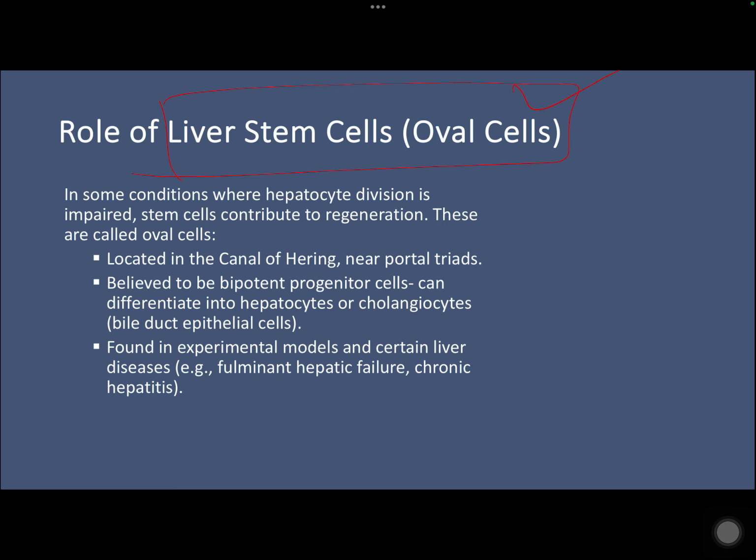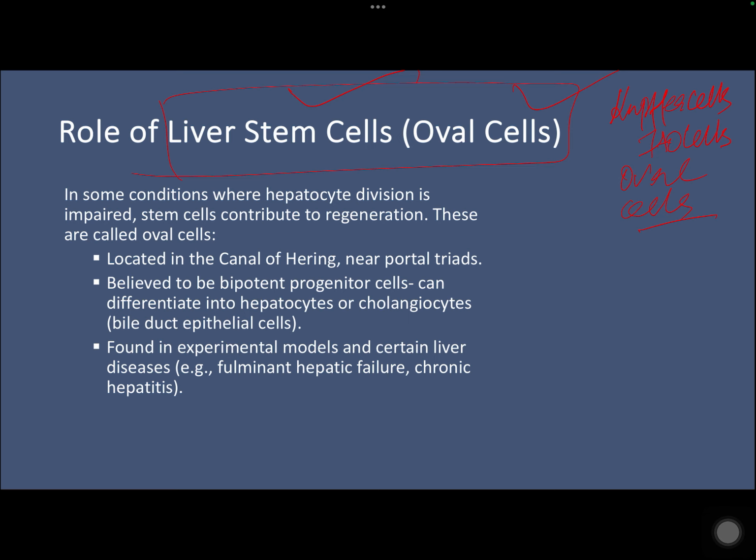These cells are known as oval cells. Till now we have studied the Kupffer cells, then Ito cells which play a role in liver injury. Now we have oval cells, which are known as liver stem cells as well.